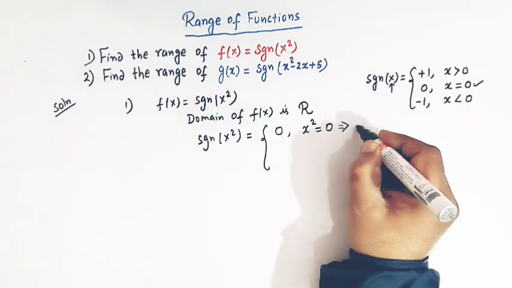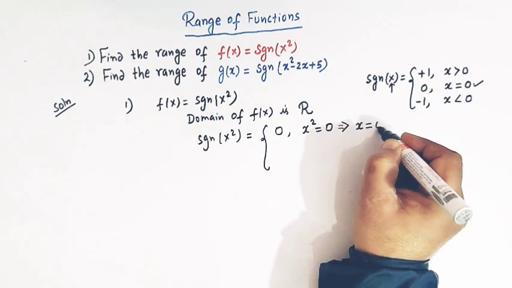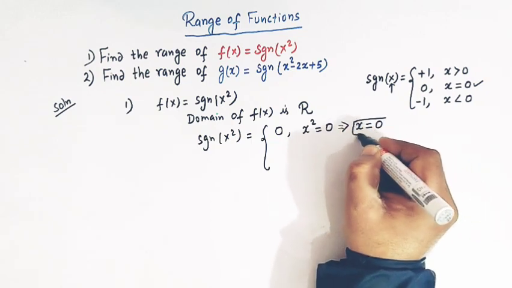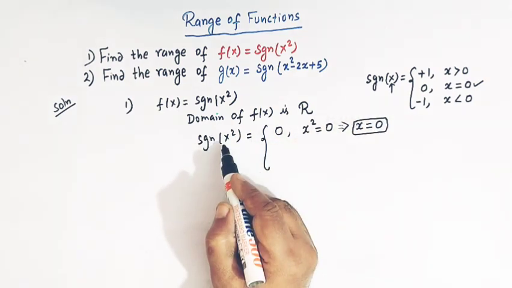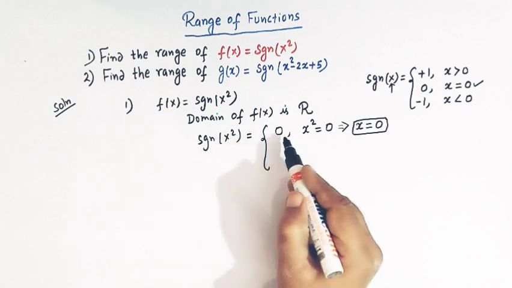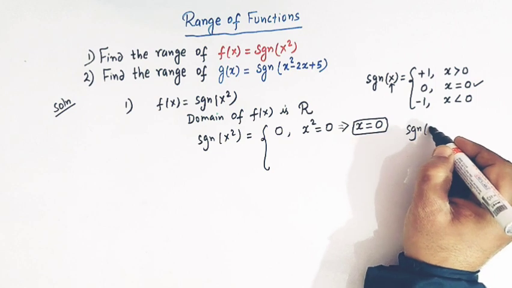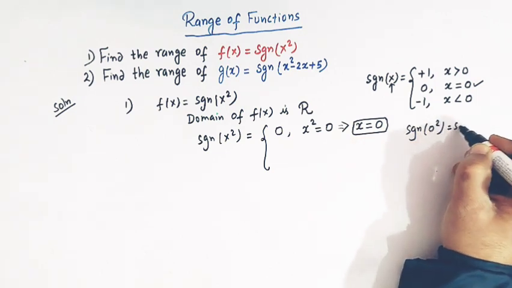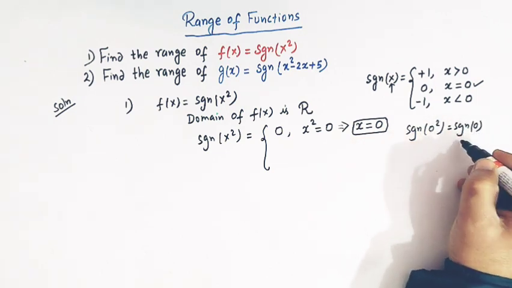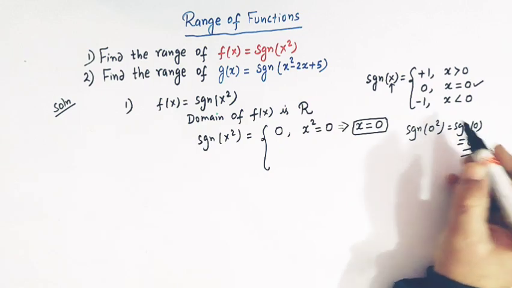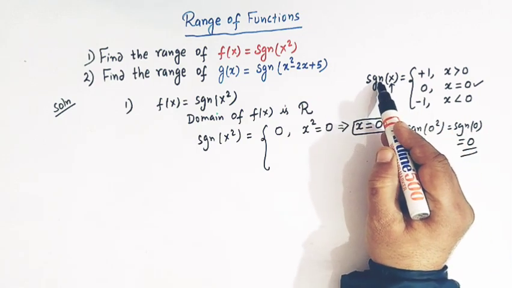This implies that x should be equal to 0. Whenever x is equal to 0, signum of x square is equal to 0, because signum of 0 square, that is signum of 0, is equal to 0 by this definition.